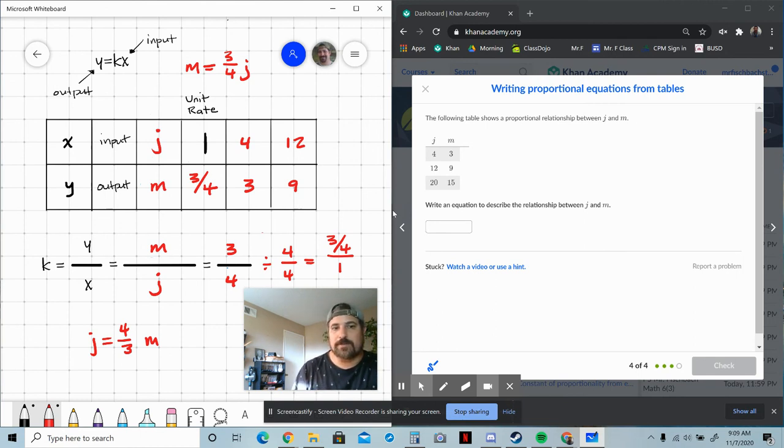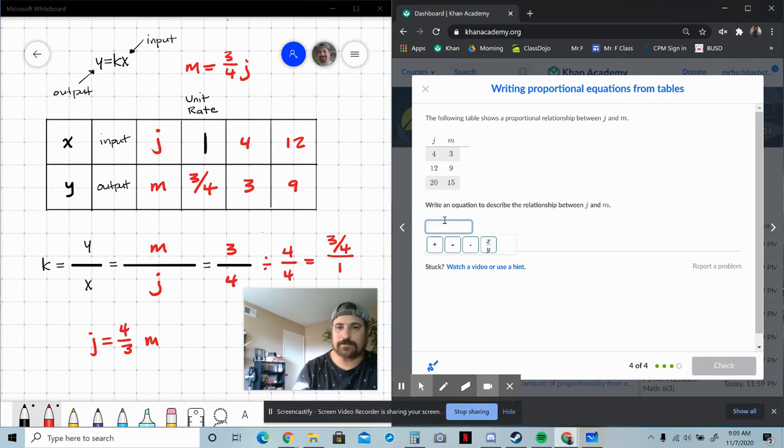I originally chose input of j, output of m, so I think this is the one I'm going to put in, right? And it works, right? We already know it works. If you input the 4, right, you're going to times it by 3/4, you get the 3. Input the 12, times it by 3/4, you get the 9. Input the 20, times it by 3/4, you get the 15. It works throughout the entire table, and the ratio of input to output is always 3/4 in my case.